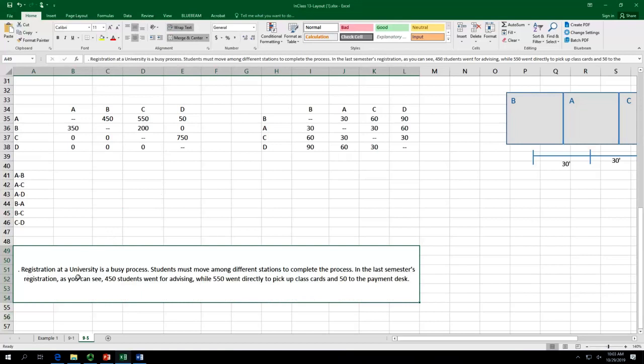Registration at a university is a busy process.